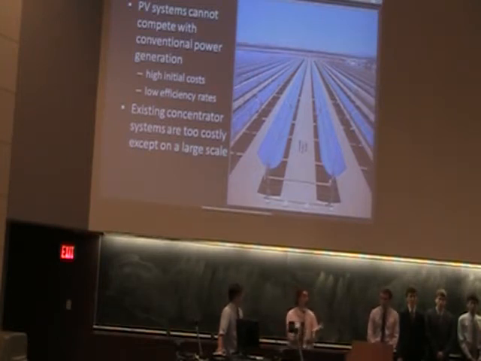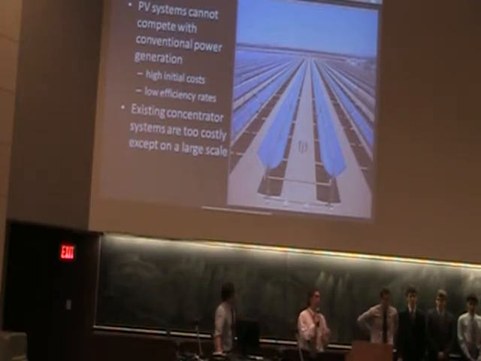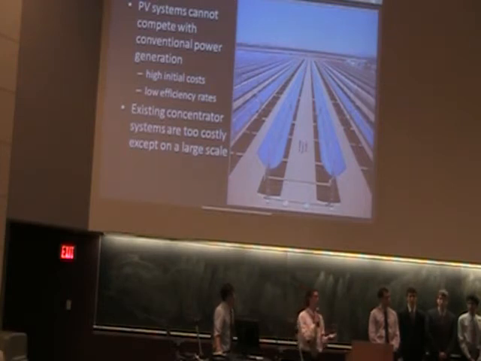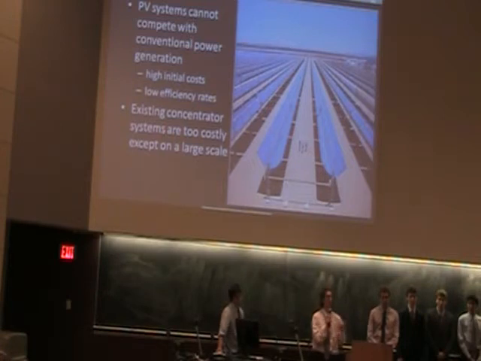Additionally, the problem is that they are low efficiency. Some solar panels can get up to 20% efficiency of light coming in, but some of them are far lower. And so that low efficiency is something that we want to look into. And so one of the proposed ideas on how to improve both the cost benefit of using solar panels and the efficiency is a concentrator system whereby lenses or mirrors are used to focus light specifically on these panels.